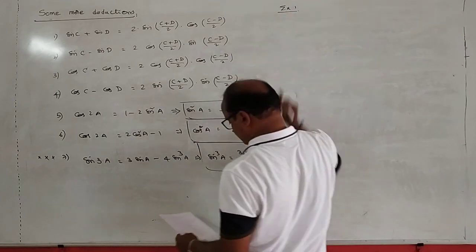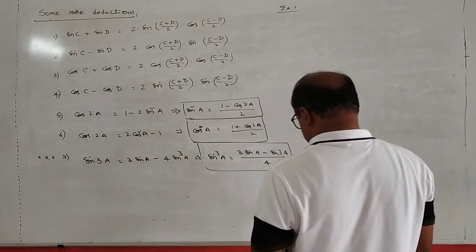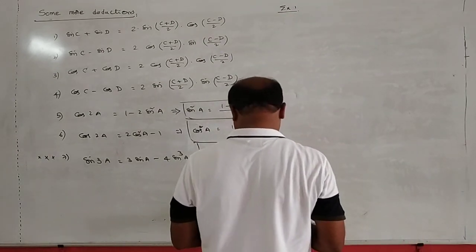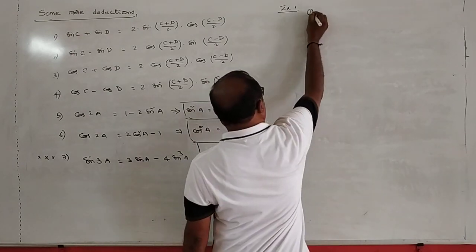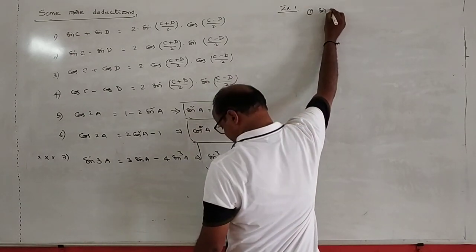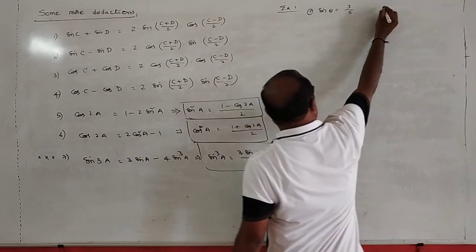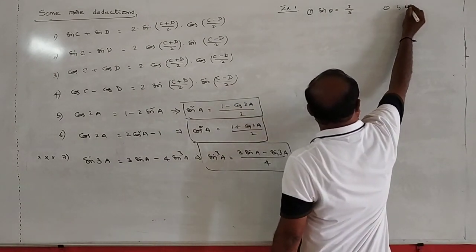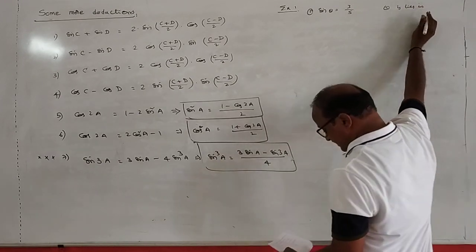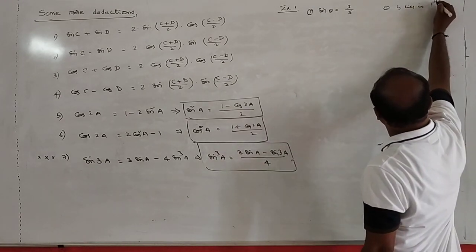Example. Find the values of the other trigonometric functions if, first one, sin theta is equal to 3 by 5 but here theta lies in the first quadrant.